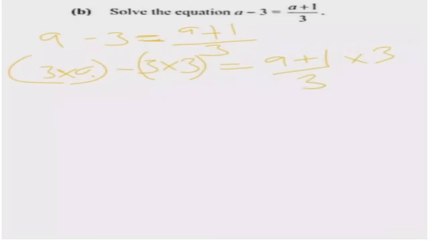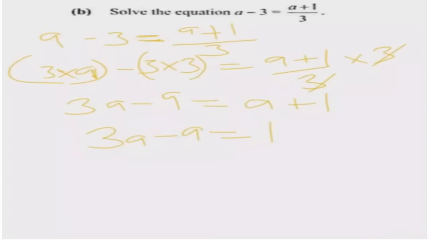That means 3 by a will give us 3a, minus 3 by 3 will give us 9, which is equal to, this 3 and this 3 will cancel each other, leaving us with a plus 1. Now the next thing we need to do is put like terms together. So we have 3a, then a will cross the equal sign and become minus a. Since it's positive, it will become negative, which is equal to 1.